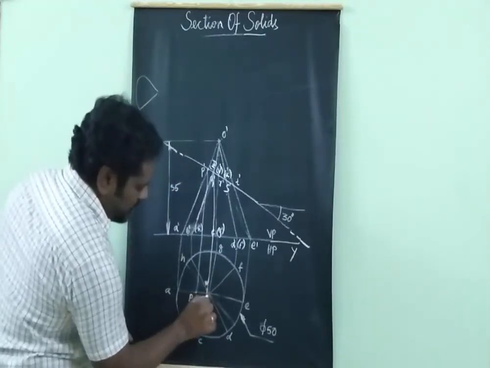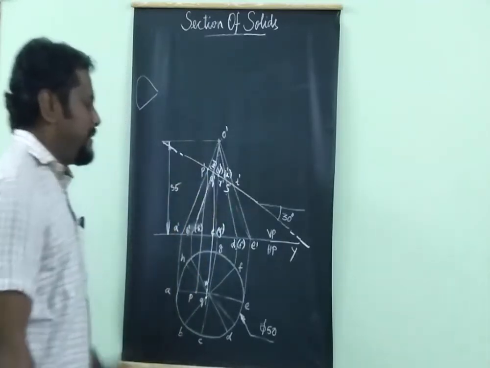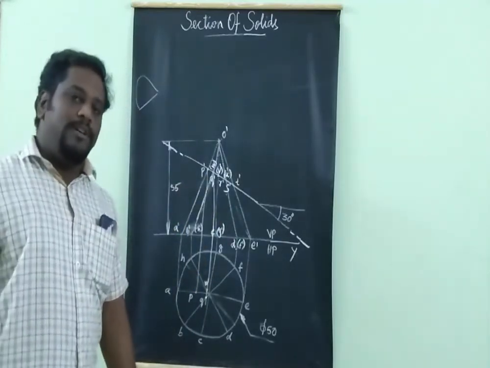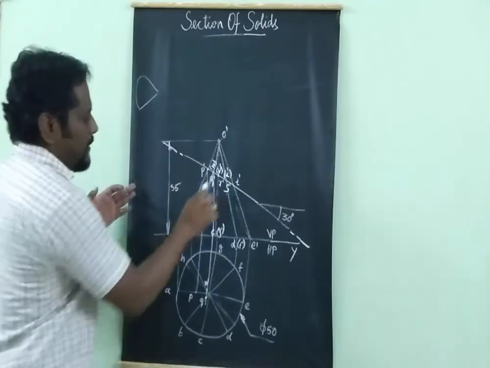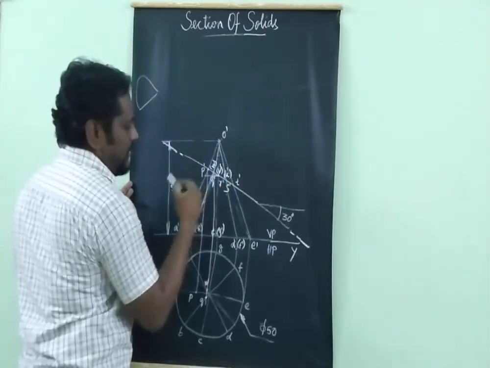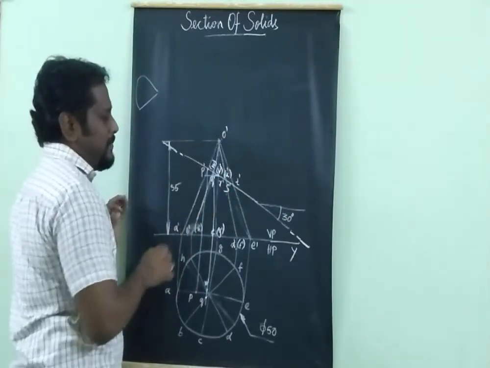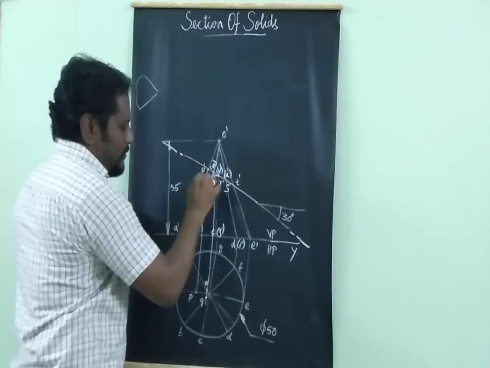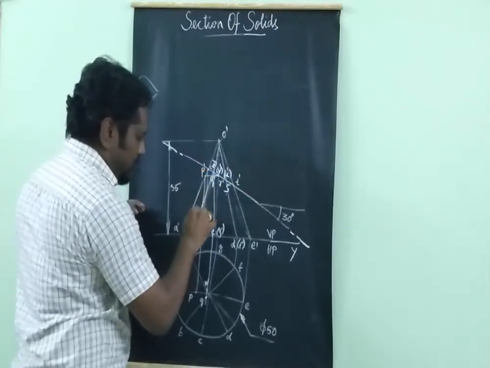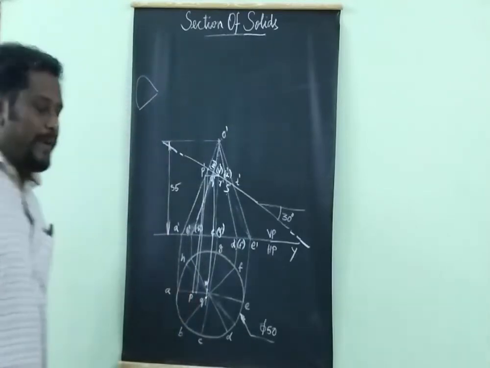This is one point, this is another point. Now this point has to be transferred like the procedure in the last problem. So this point has to be transferred horizontally. A horizontal line must be drawn from this point to the extreme edge OA. Now project this point to cut the OA line. So here it cuts the OA line.